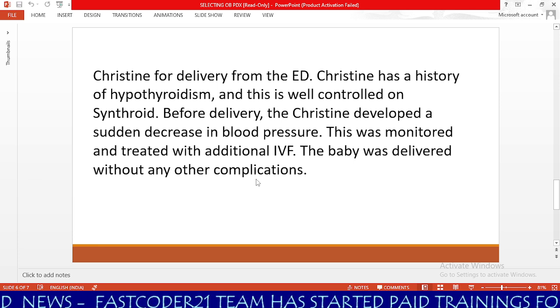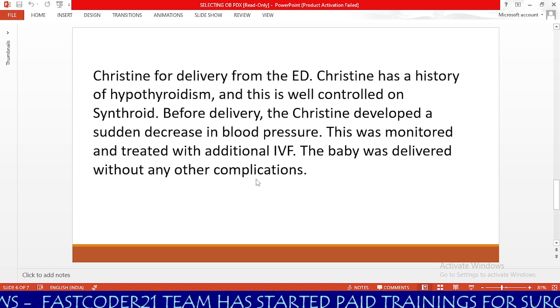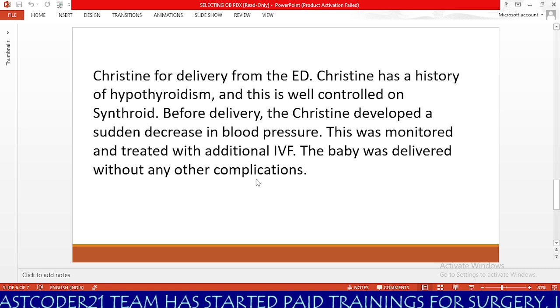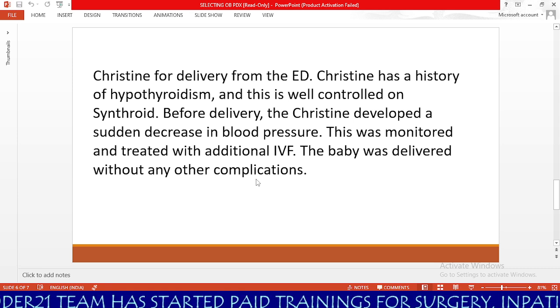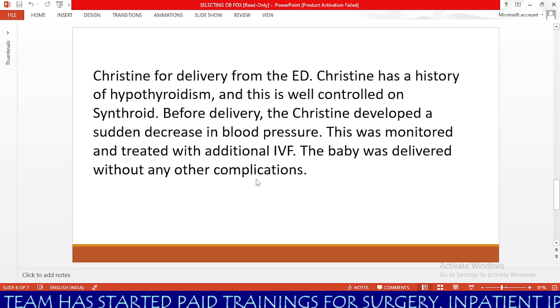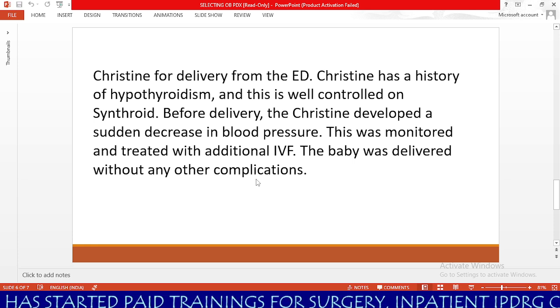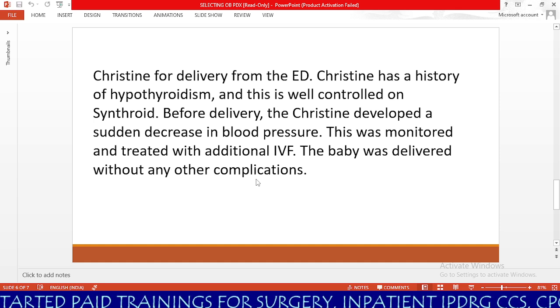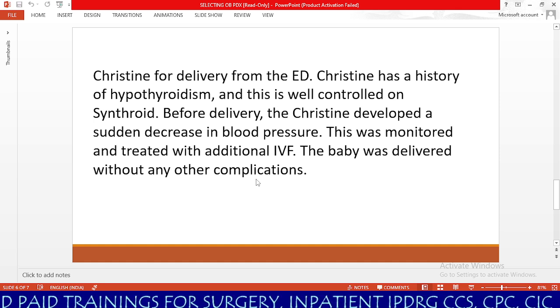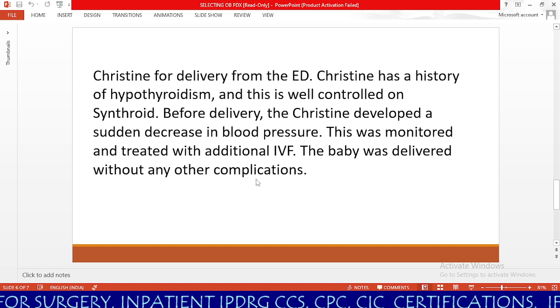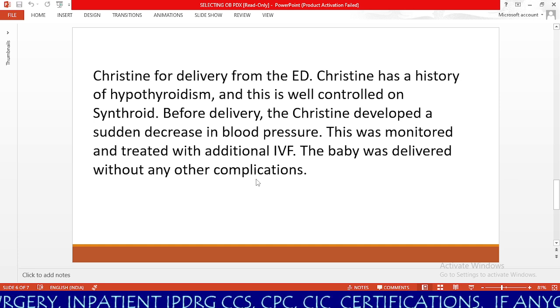In that situation, we can code another condition as the PDX. But in this scenario, the physician did not document that hypothyroidism is not responsible for the patient's complication. So here we need to choose hypothyroidism as PDX, as it is affecting the pregnancy.